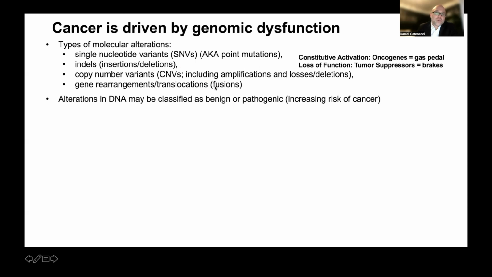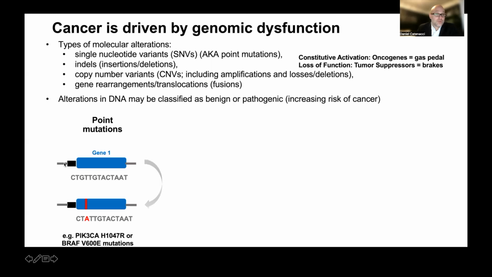The first one are point mutations, which I was referring to in examples previously, where if you have a specific DNA code of base pairs, and for whatever reason, the code is changed, say in this case it's changing from a G to an A, then that would change the codon, and that could change the amino acid, and that could change the function of the protein.